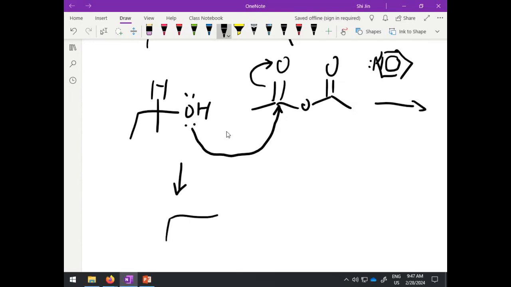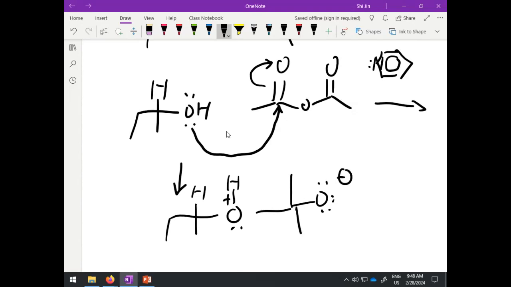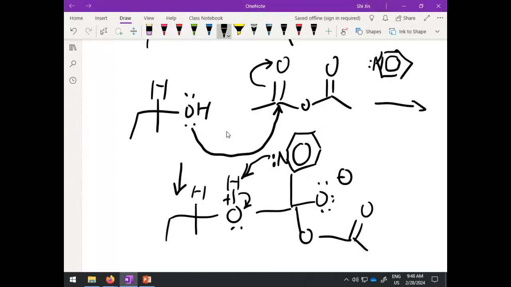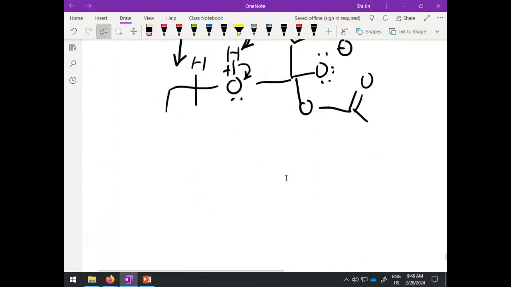So this will give you this guy. Then you can probably guess pyridine in here serves as an organic base, taking the proton away, taking care of the positive charge, the proton on the original alcohol oxygen.